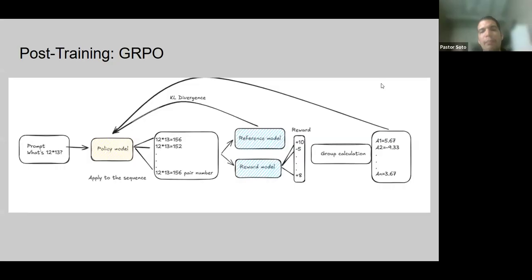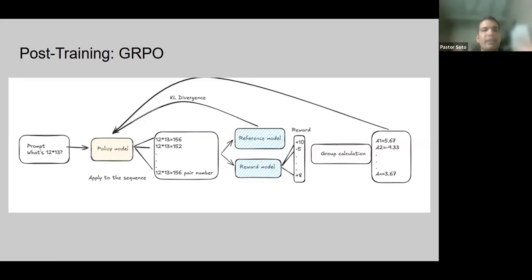So for the post-training part, they use GRPO, and let me briefly explain what this means and how it works. You have a prompt. Let's say you have a prompt, 12 times 30. That goes to a policy model, and that policy model generates different outputs, and those outputs go to a reference model and to a reward model. The goal of the reference model is to not lose the gains that you made in the first part of the training.